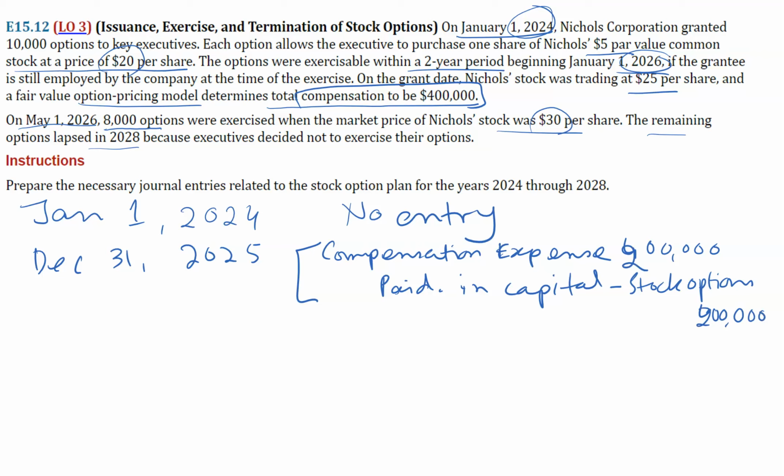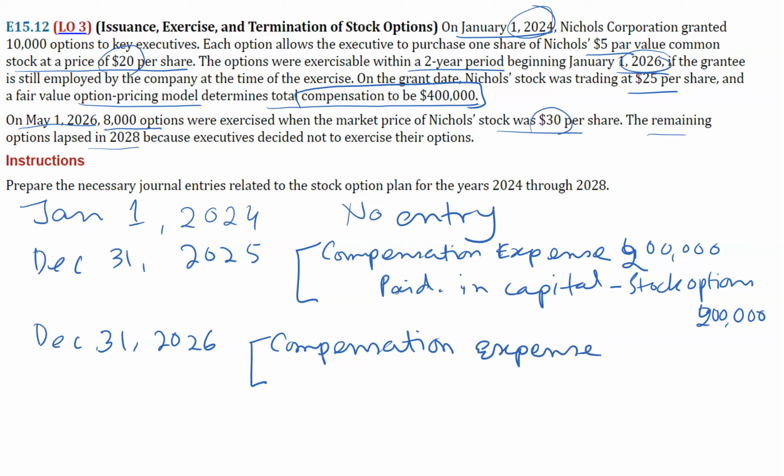Then next year, on December 31st, 2026, we will do the same journal entry: compensation expense debit, the other 50%, and paid in capital credit.